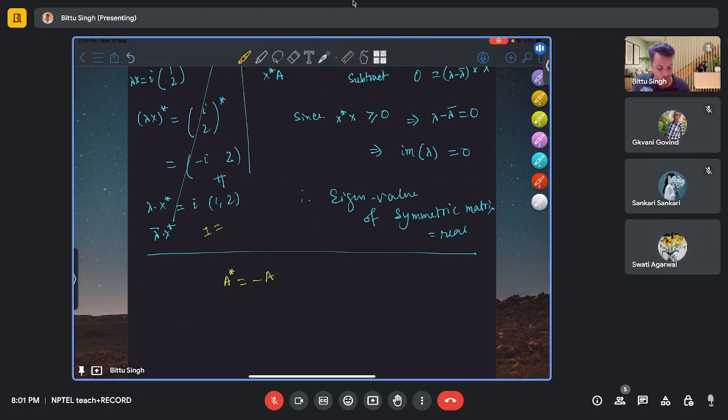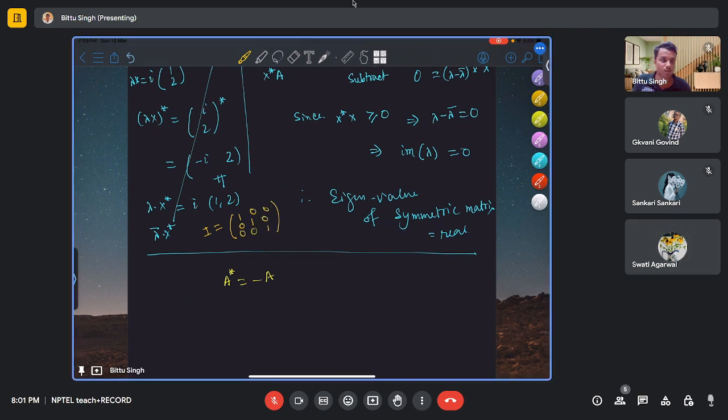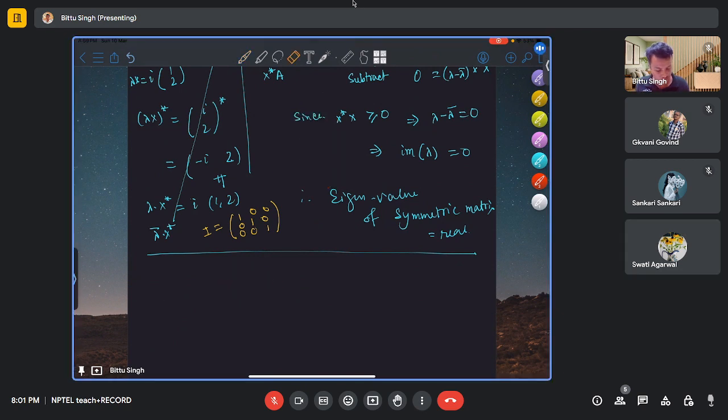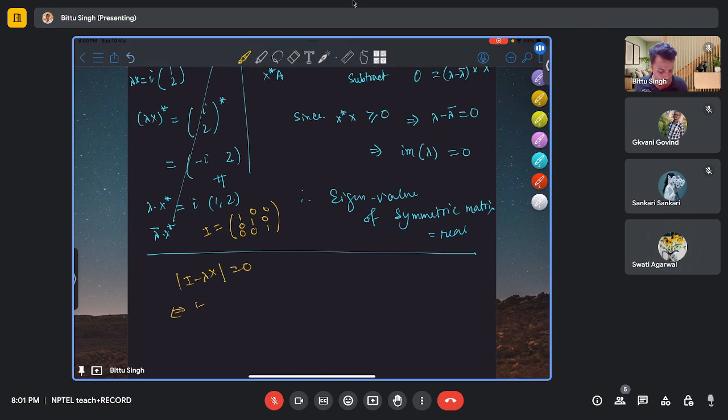Consider the identity matrix. What will be the eigenvalues for this matrix? Only one. Because we can easily see that the determinant of I minus lambda I equals 0, which is 1 minus lambda, 1 minus lambda, 1 minus lambda.